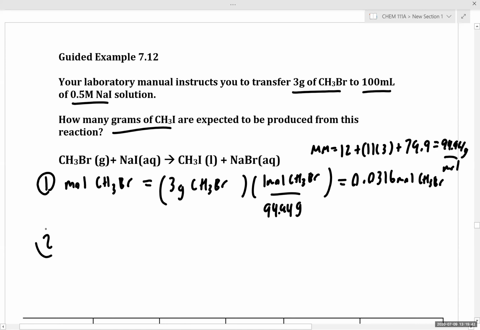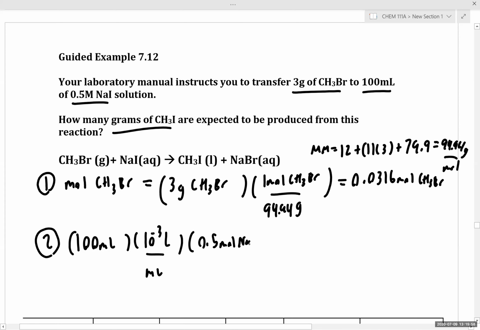And if you're peering at this page of the notes, you're already seeing our good old friend, the ice table. So we have 100 milliliters of solution. We know that there are 10 to the negative third liter per mil. And we know we have 0.5 moles of sodium iodide in 1 liter.